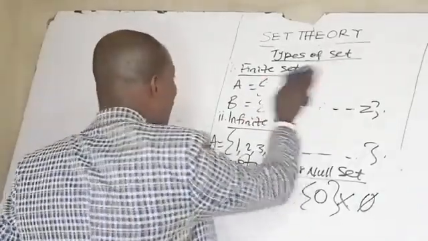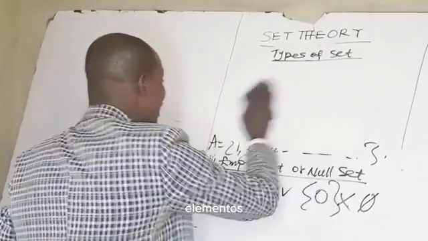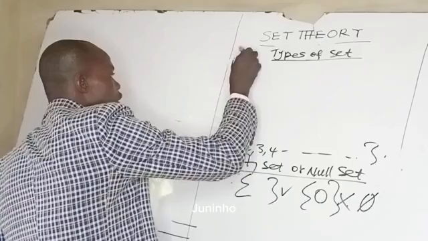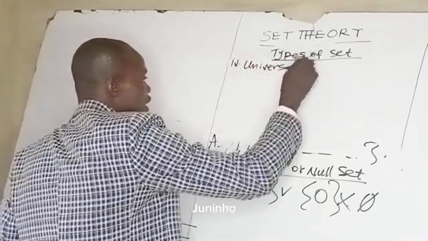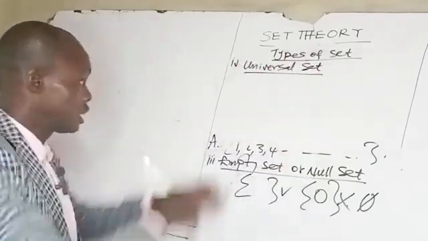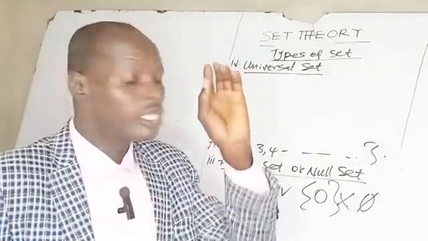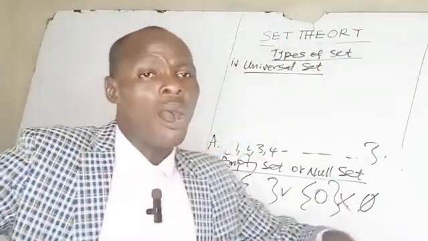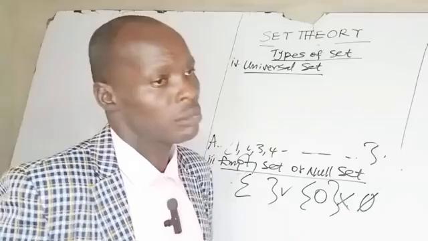Number 4, we have the universal set. From the word universe, entire world. A universal set is a set that contains the totality of items under consideration.